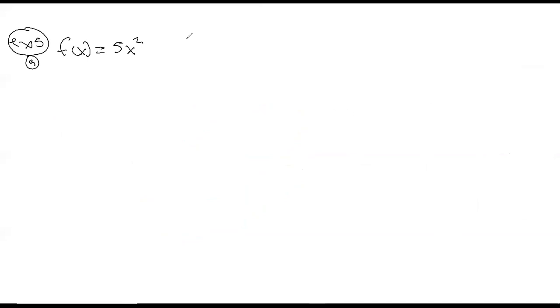And the 5 is going to cause a vertical stretch. It's going to make this thing grow a lot quicker than it normally would have as just an x squared. 10 would make it grow even quicker. 15 would make it grow even quicker. 17 would make it grow even quicker.